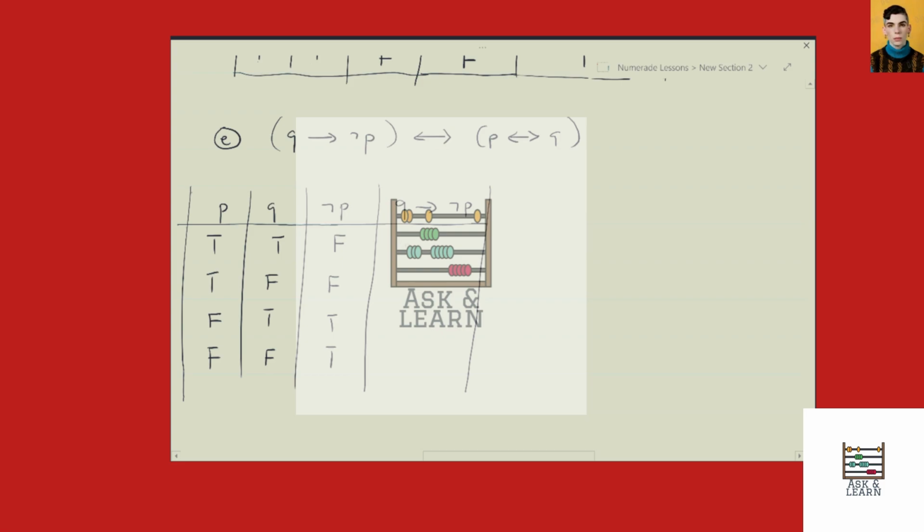So that is a false, false, that is a true, true. Oh, that is a true, true, that is a true as well. Then false, true, that is a true as well.